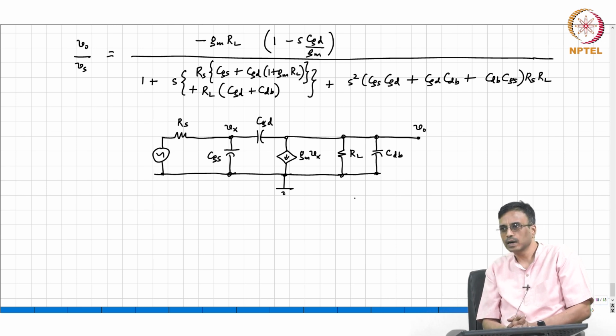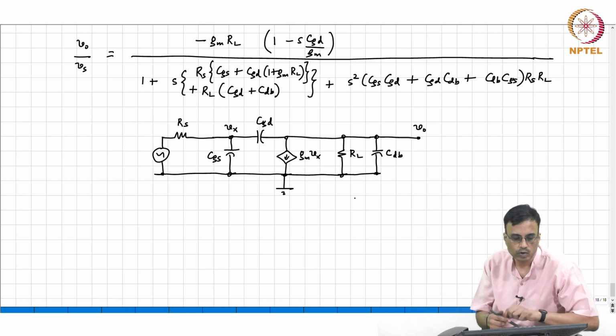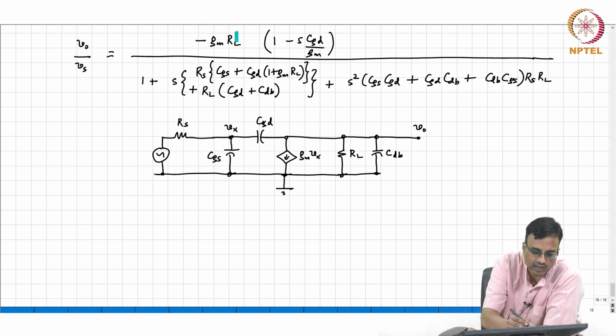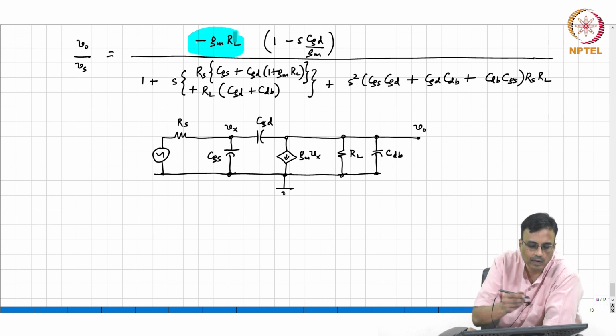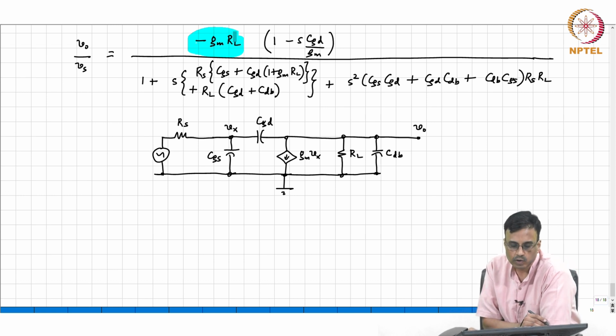Left half. Why? All the coefficients of the denominator have the same sign. So far we have understood why this minus GMRL makes sense. We also understand why the denominator is of second order, and we also recognize that the system is stable.